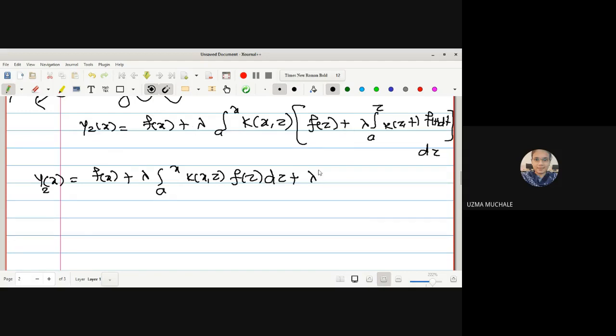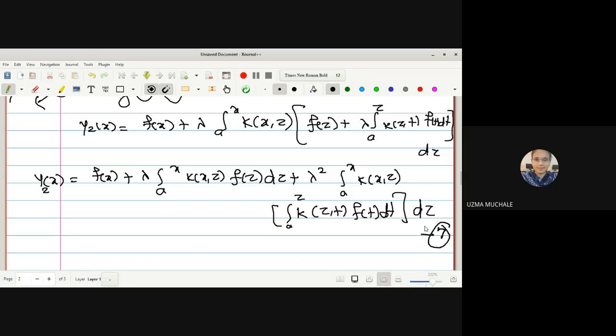It will be lambda square integration a to x k of x z, and in the bracket we have the term integration a to z k of z t f of t dt. Total integration is now with respect to z. So this is our equation 7.